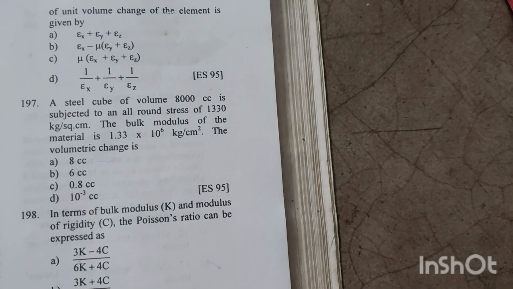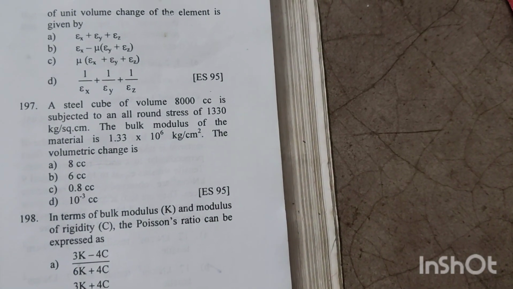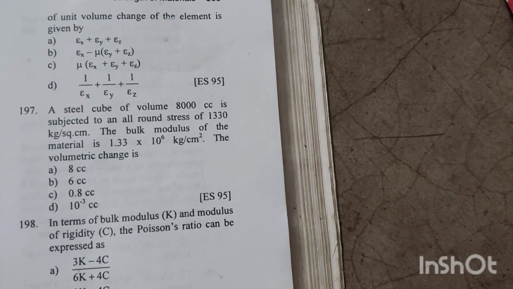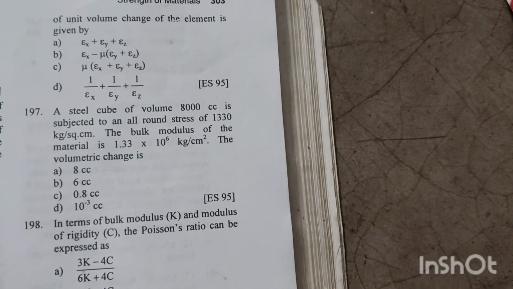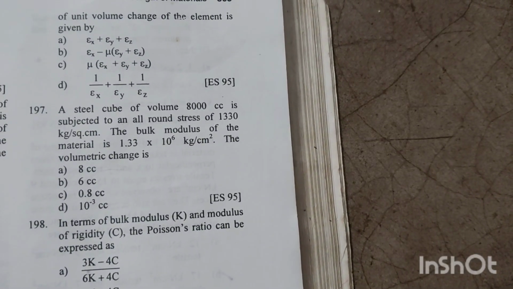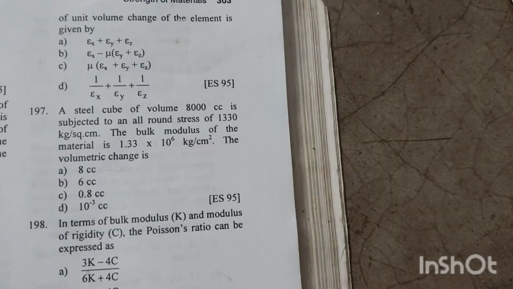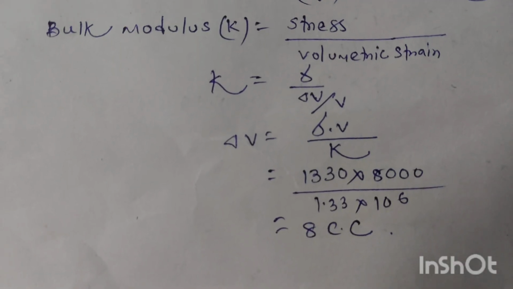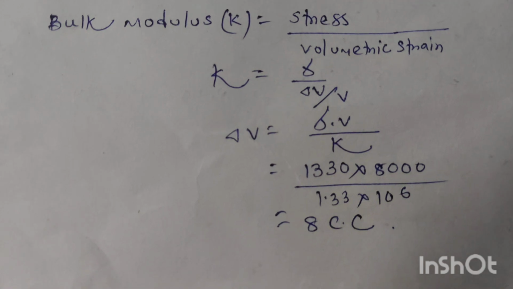Question number 197. A steel cube of volume 8000 cc is subjected to an all-round stress of 1330 kg per square centimeter. The bulk modulus of the material is 1.33 into 10 to the power 6 kg per centimeter square. The volumetric change is, we know the formula for bulk modulus K is equal to stress by volumetric strain.